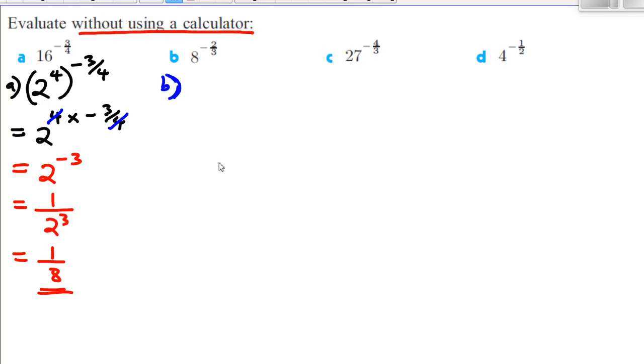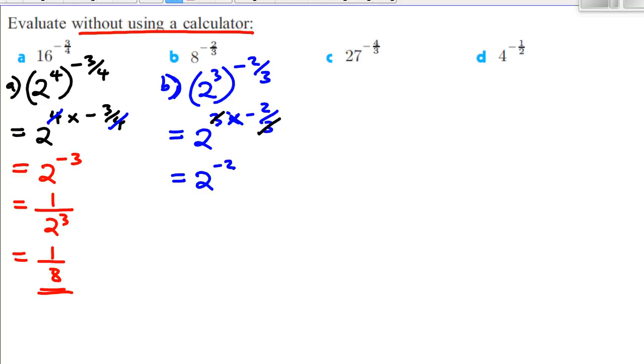So 2 to the power of 3, to the power of negative 2 over 3, will be equal to 2 to the power of 3 multiplied by negative 2 over 3. Same thing, cancel those guys. So you end up with 2 to the power negative 2, which will be equal to 1 over 2 squared. And you can write that as 1 over 4.